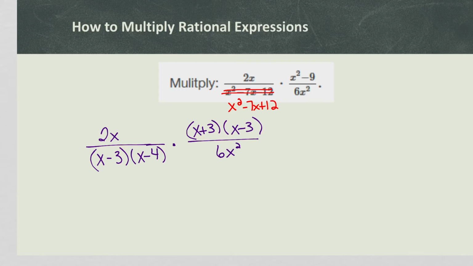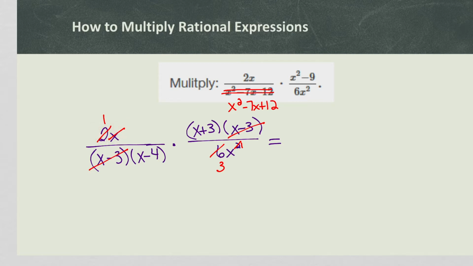So again, I tend to reduce before I multiply. I can get rid of this x right here, and it'll get rid of one of those x's there. I can reduce the 2 and the 6. And then I can also reduce this minus 3 and this minus 3. Now I'm going to multiply straight across with what's left over. So this whole thing turned into 1.